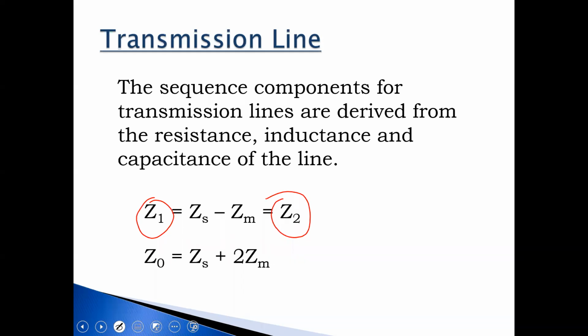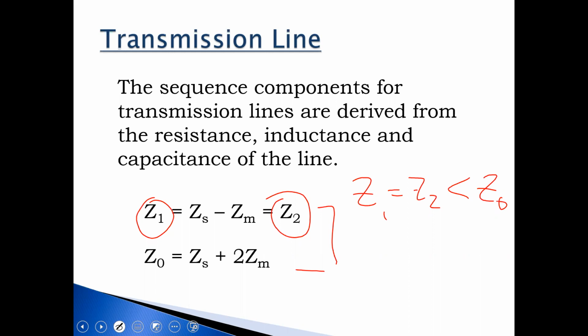So what we have here is that your Z1, which is equal to your Z2, would be less than your Z0. So the zero sequence impedance for your line is larger than your positive and negative, but your positive and negative are always equal. Yes?